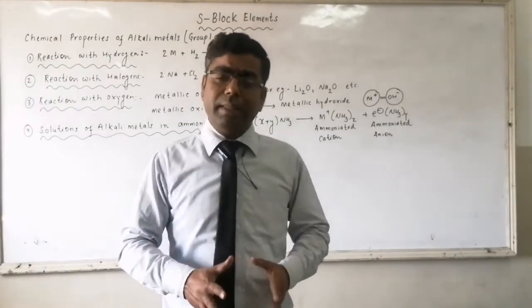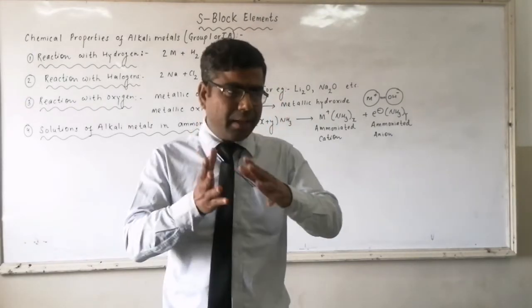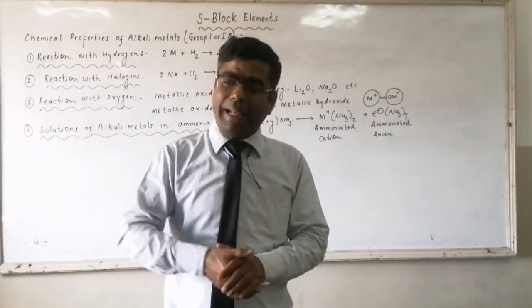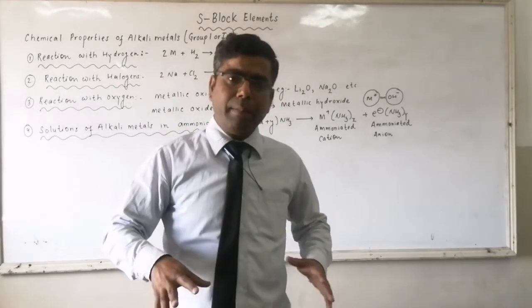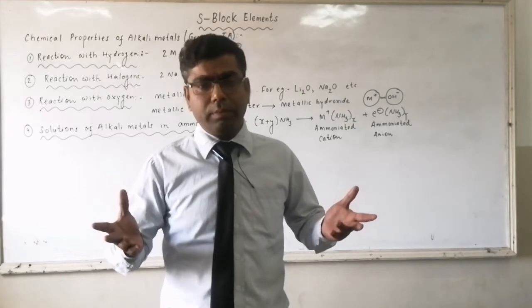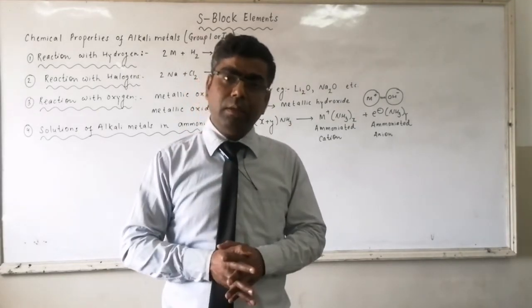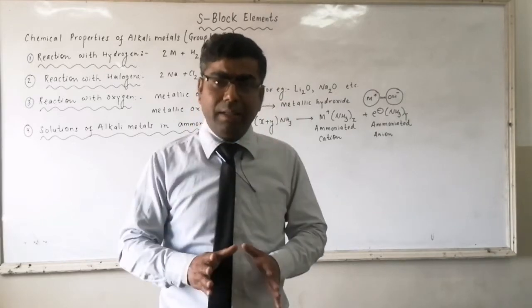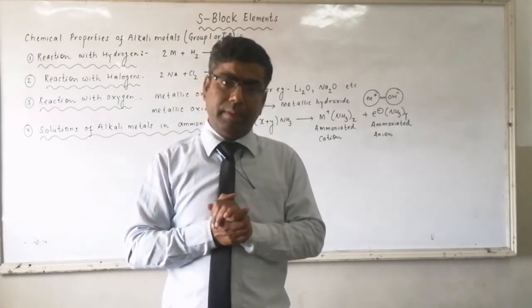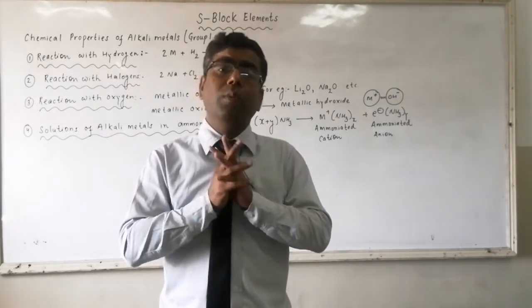In the same manner, when an alkali metal is added to ammonia, it gets dissolved, and we obtain a solution of alkali metals in ammonia. So alkali metals are soluble in ammonia.